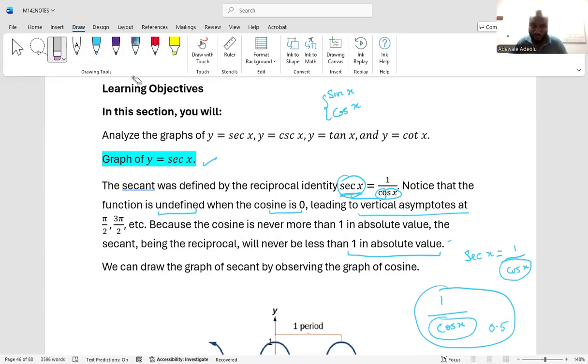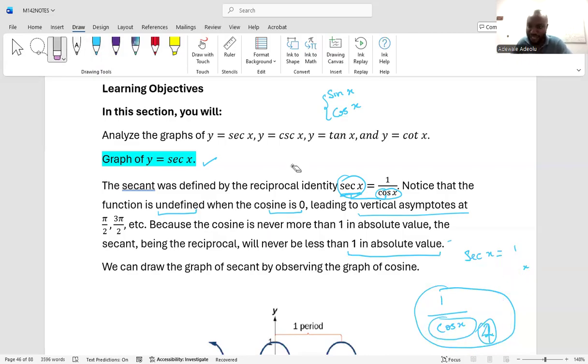However, if our cosine is something like 2, then the whole of this is 1/2, 0.5. If it is 4, that is 1/4, 0.25, meaning it's becoming smaller because the denominator is bigger. However, because the cosine cannot go beyond 1, this whole thing will be greater than 1. I hope that makes sense.